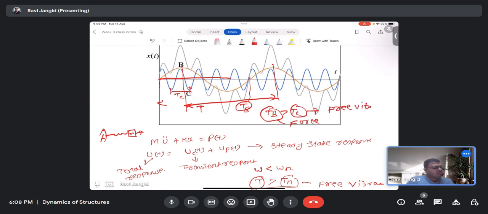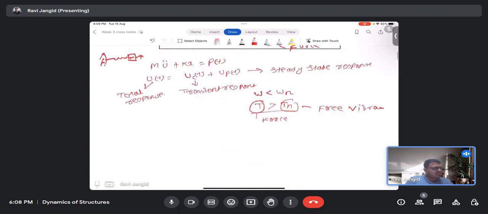So here your curve A, we can state, represents the total response, your curve B represents the steady state, and your curve C represents the transient response.